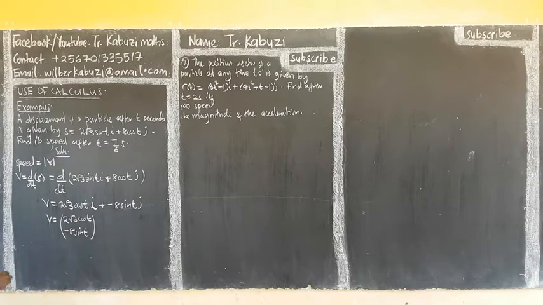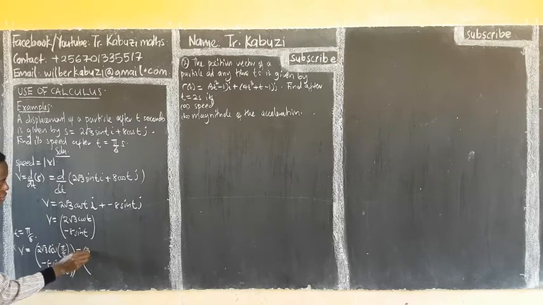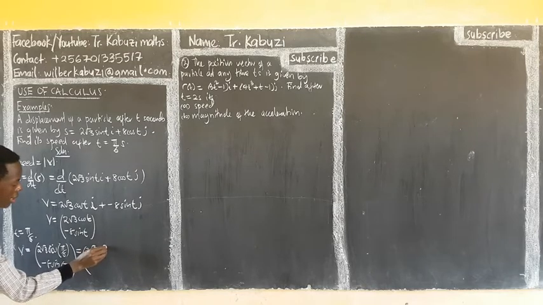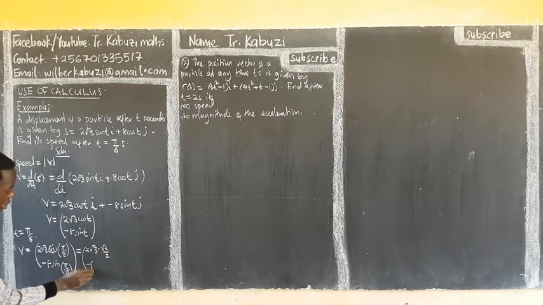So when t is equal to pi over 6, that is 30 degrees, my v will be 2 root 3 cos of 30, which is root 3 over 2, then minus 8 sine of 30, which is a half.